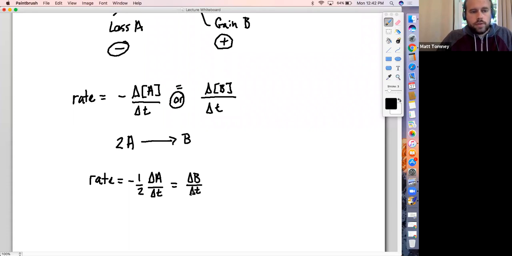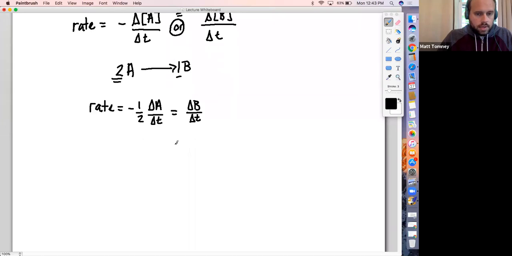Okay, so if you think about this logically, every time there's 2A that are lost, I only get 1B in return. And that is why we put a half in front of the change of A, okay, because there's a heavier stockpile of it, so to speak, as far as the rate of B is concerned with its generation.